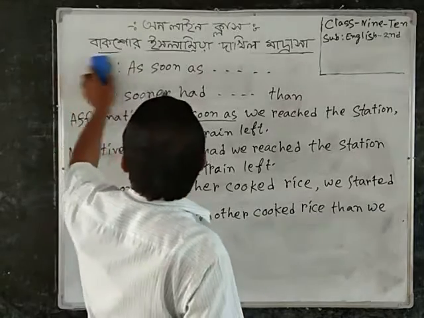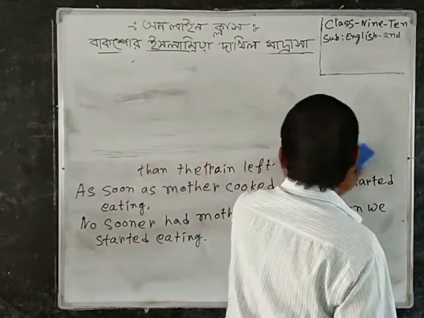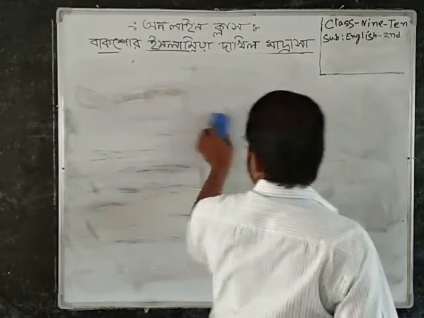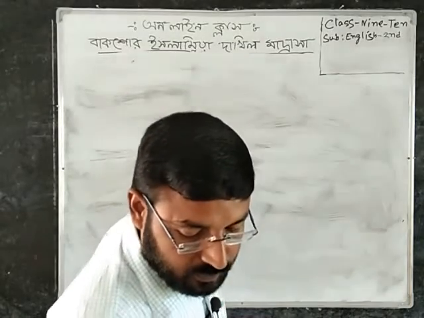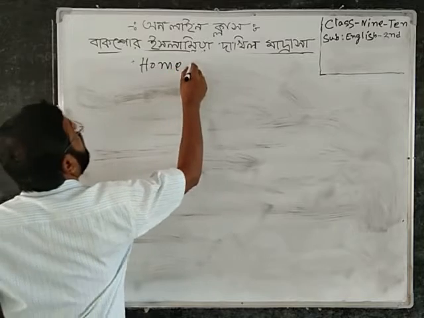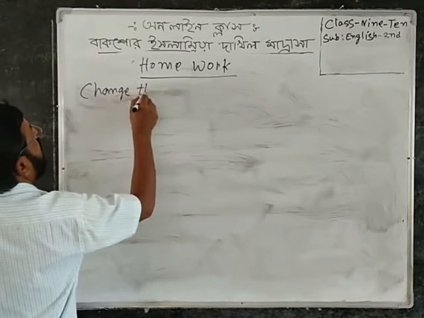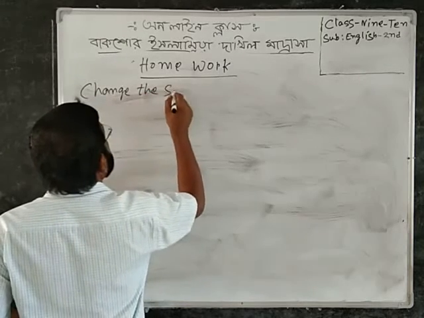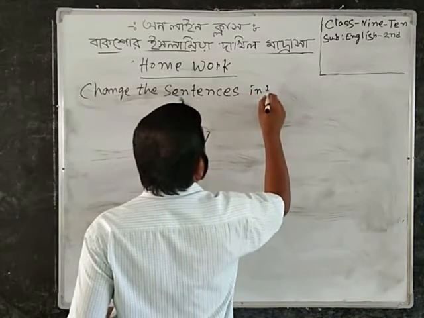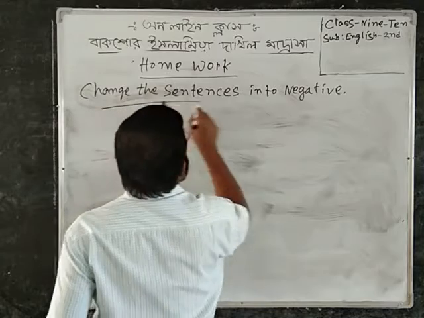You write down the homework on your exercise book. Change the sentences into negative.